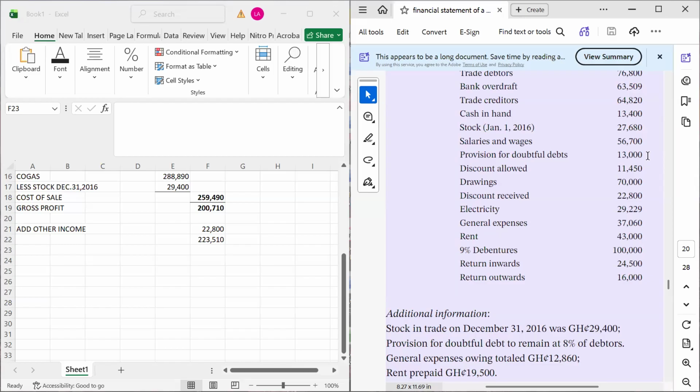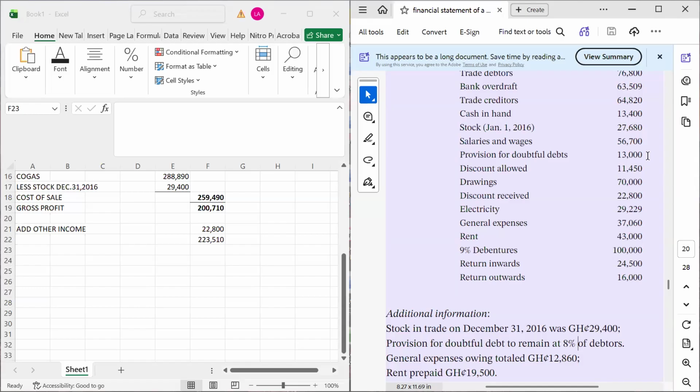If it is higher, if the 8% is higher, then it is an increase in provision. Where there is an increase in provision, you charge it like expense. But where there is a reduction in provision, you add it like a revenue. Do you understand?